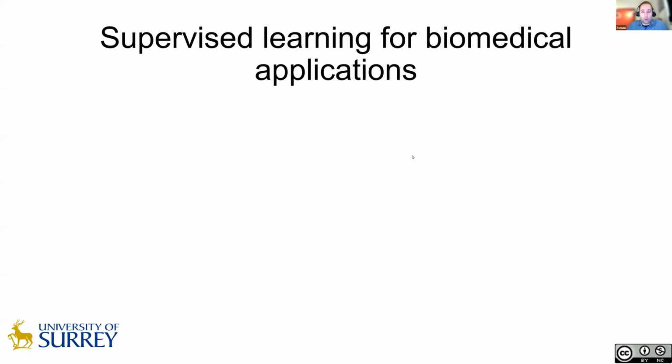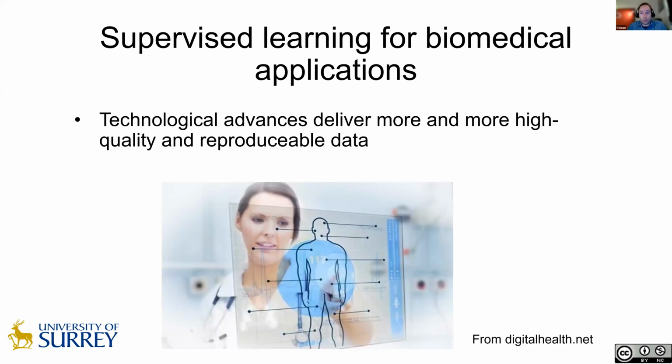So you may wonder why there is a lot of potential in supervised learning for biomedical applications. And actually, this is something that has increased rather recently for several reasons. One is that there is much more data available.